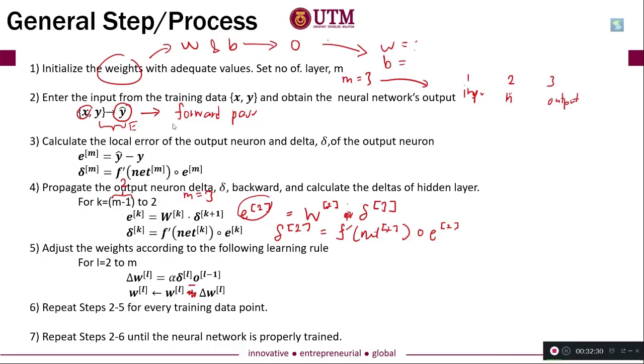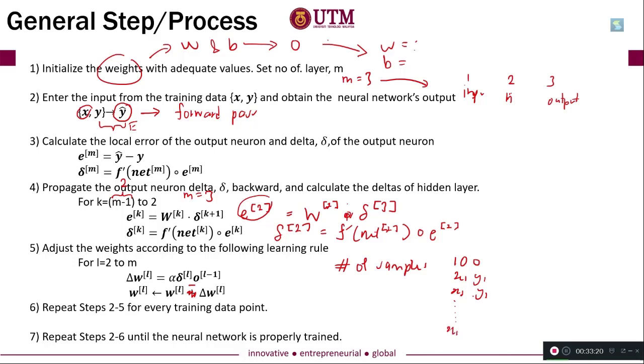Once you finish computing the 100 data samples, again assume the number of samples in your data set is 100, meaning you have a collection of x1, y1, x2, y2, and so on.